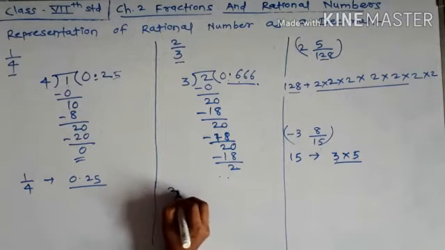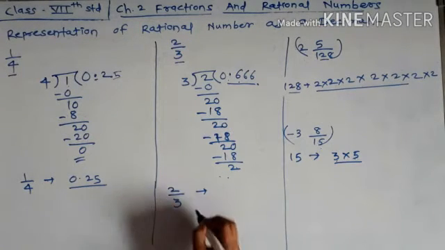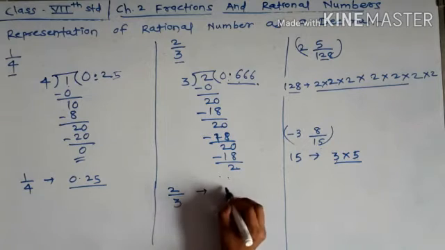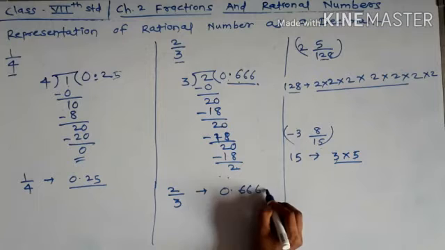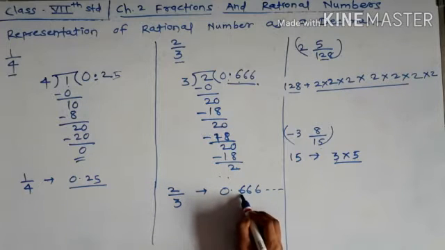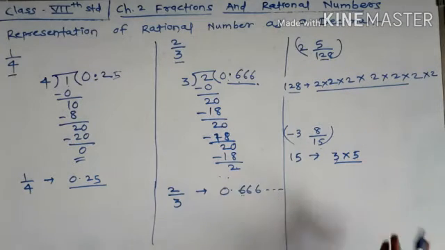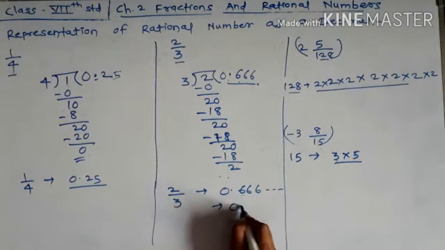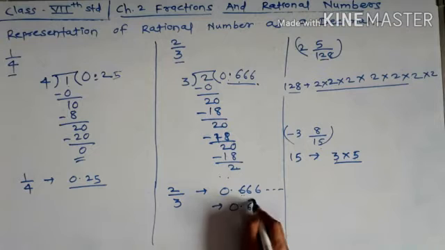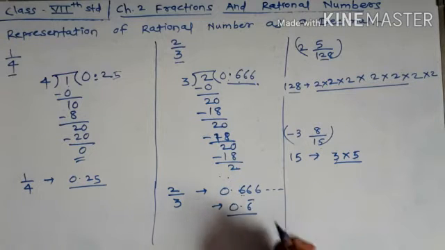Therefore the decimal representation of the rational number 2 upon 3 is equal to 0.666 and so on. This number 6 goes on repeating up to infinity. So we can write this decimal as 0.6 with a bar. That means 6 goes on repeating up to infinity.